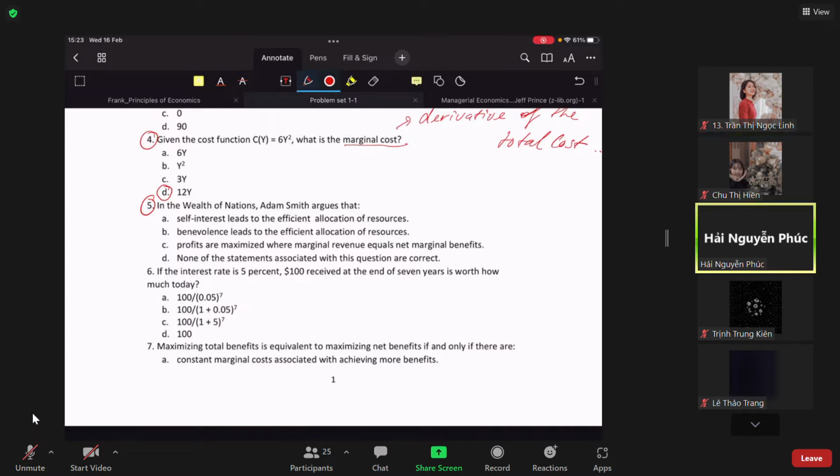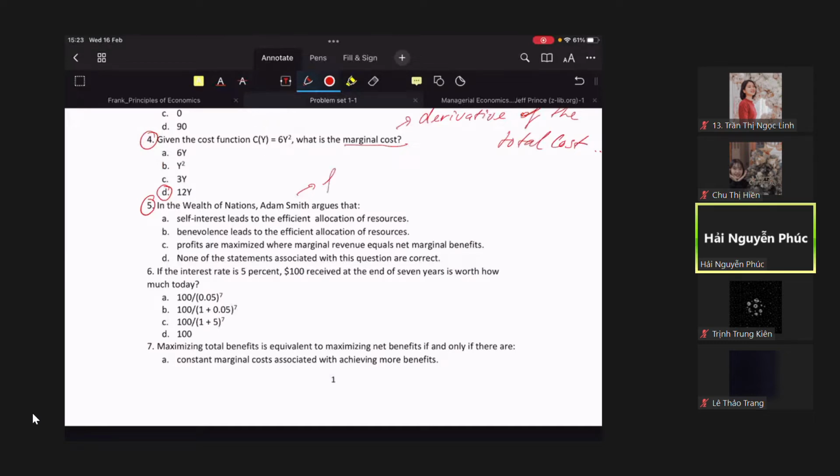Recall that the key point is that Adam Smith believed that the free market would be efficient for resource allocation.